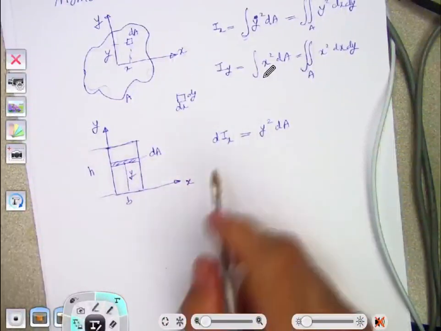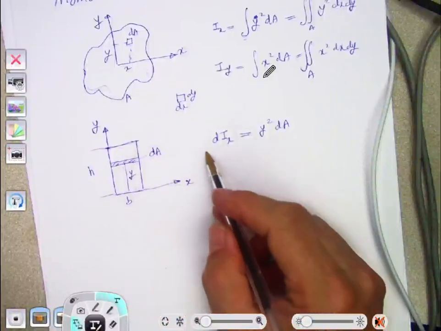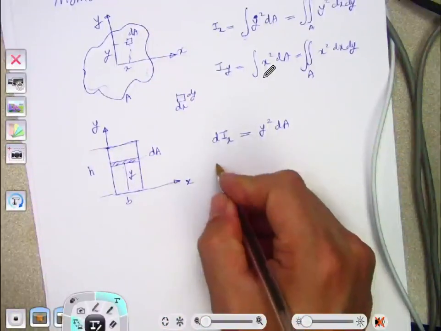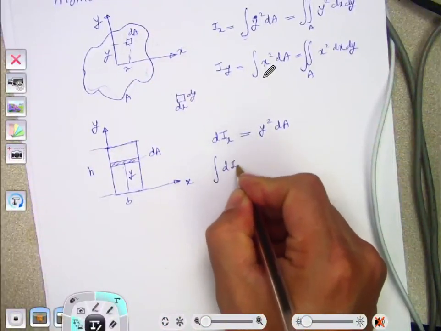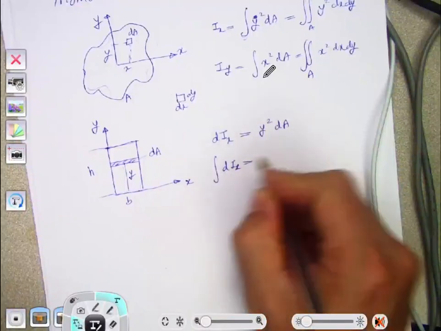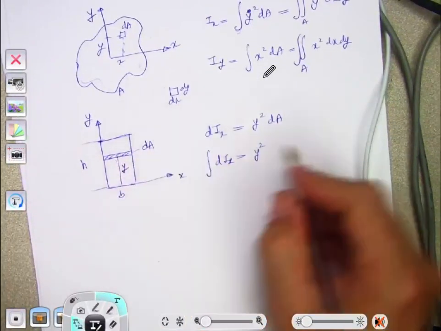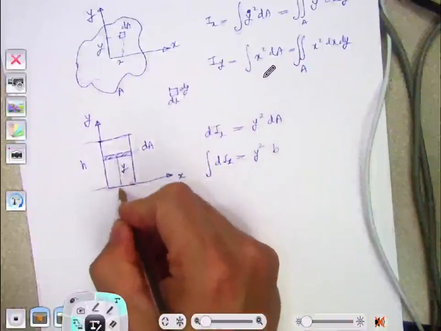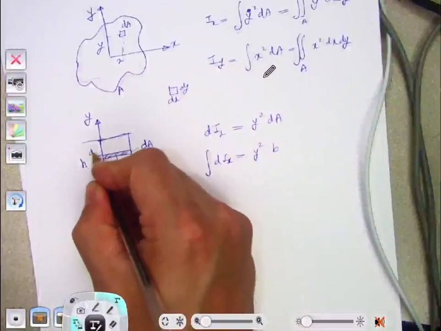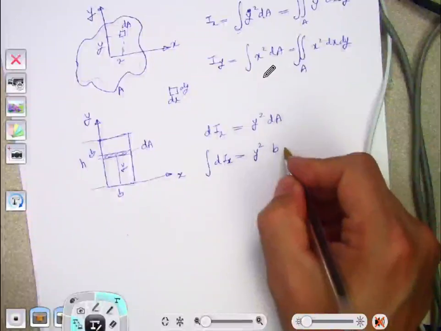If I want to find it for the entire rectangle, I need to take the integral of the left side for this rectangle, and on the right side I have dA. dA is your width b times dy, so b dy.